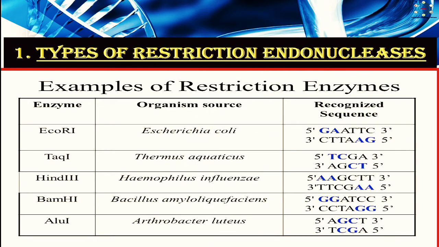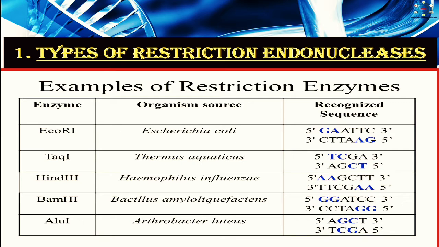And here you can see examples of restriction enzymes with their organism sources: EcoRI from Escherichia coli, TaqI from Thermus aquaticus, HindIII from Haemophilus influenzae, BamHI from Bacillus amyloliquefaciens, and AluI from Arthrobacter luteus.